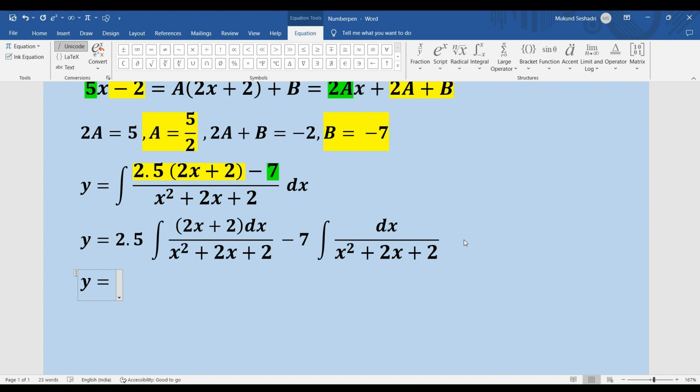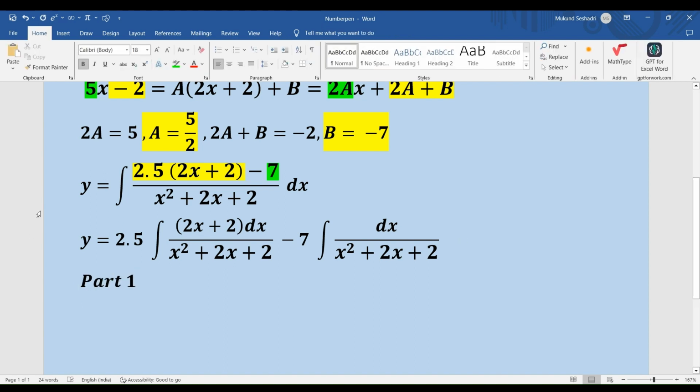Why is that? Because when I make the substitution t equals x squared plus 2x plus 2, my dt becomes equal to 2x plus 2 dx, right? So let's begin with part 1. My part 1 is integral of 2x plus 2 times dx divided by x squared plus 2x plus 2.